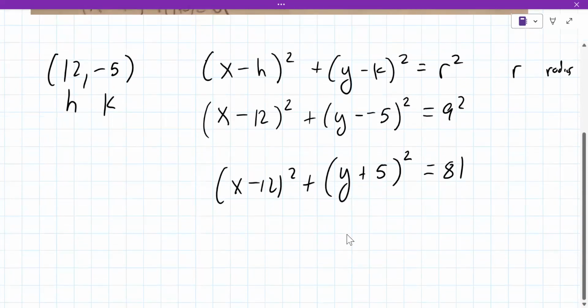Can I give you one though, to see if you kind of understand this? Is this okay? Got this down? All right. Let's say the center is -5 comma 4, radius equal to 16.